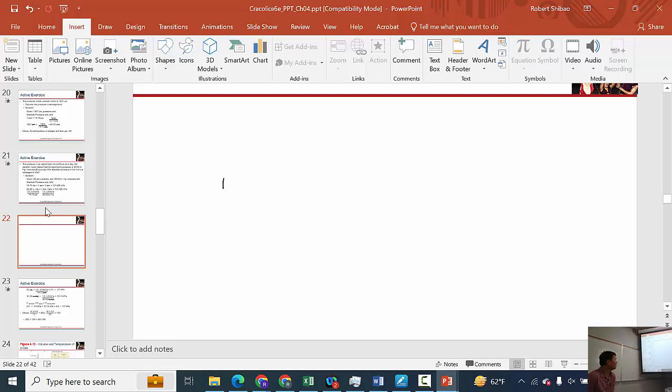Because if you say the tank is empty, what does that mean? If the tank is truly empty, what do you have inside the tank? Nothing. If there's nothing inside the tank, what is the pressure of the tank? 14.7? Zero. Zero means there's absolutely nothing in there.